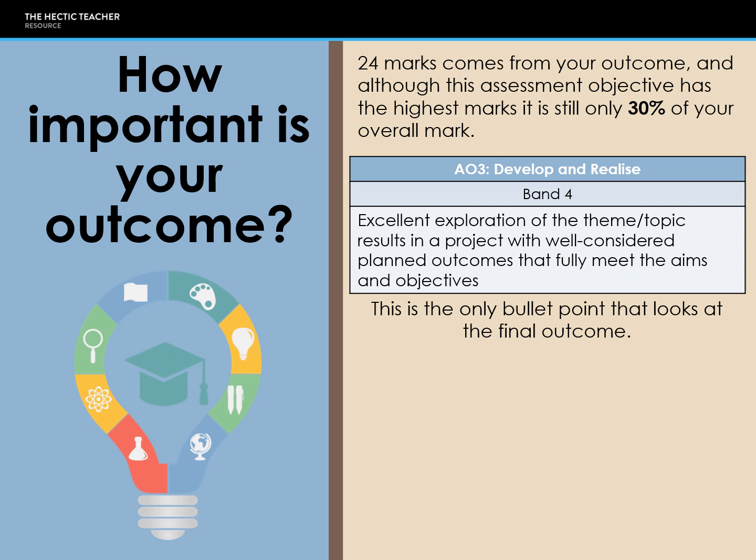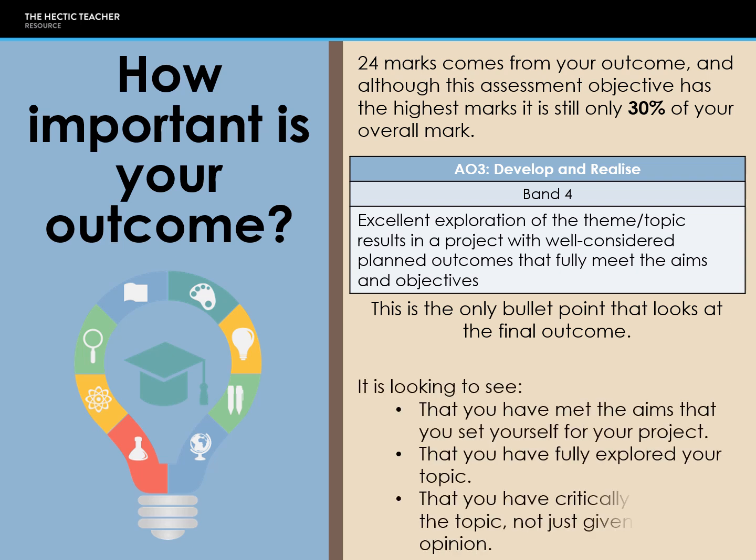And I've put the band 4 one up on the video. So the excellent exploration of the theme topic results in a project with well-considered planned outcomes with fully met aims and objectives. So what that actually means is that you have met the aims and objectives you set yourself for your project, and that's what's going to be on your initial planning document.